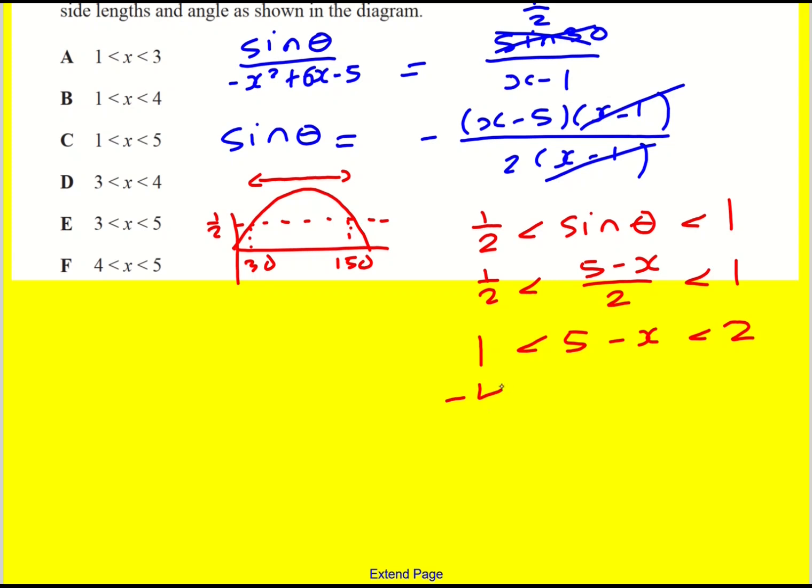Minus 5 from both. And then divide through by minus 1, which actually flips all the signs around. So x is going to be less than 4 but greater than 3. Just swap the whole thing around. And that is a solution.